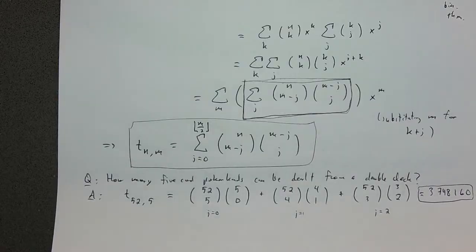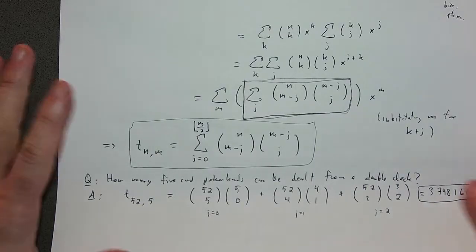But you might have noticed that the form that this takes, we have another way of explaining this, right? In fact, you could have come up with this on your own using other reasoning, not using generating functions, although essentially what you're doing is equivalent to what's going on here.